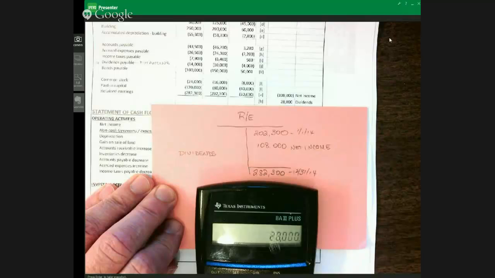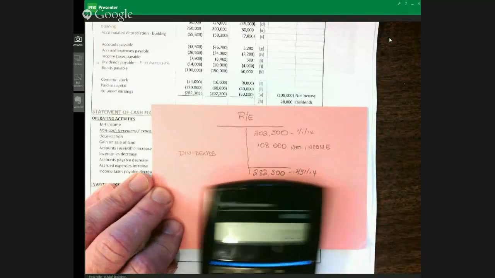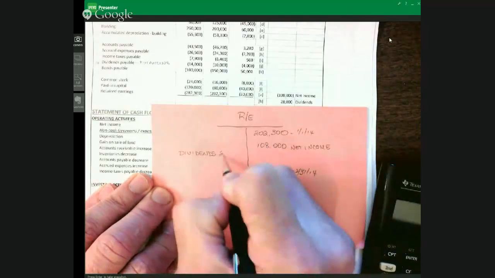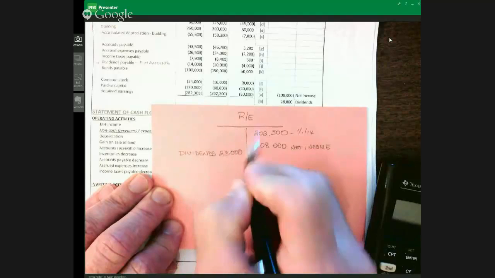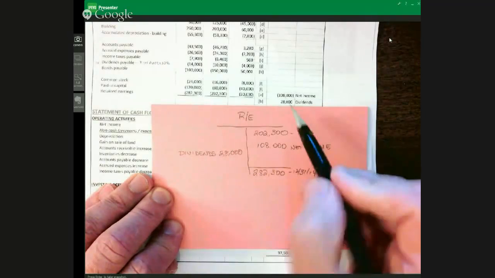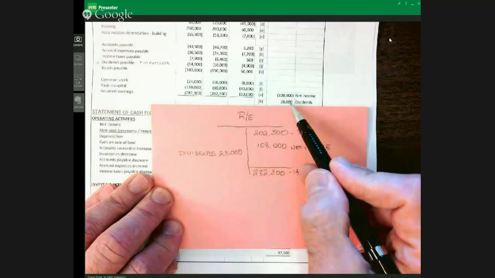The difference is $28,000. And by inference, what we will say is that dividends for this period would have been $28,000, and that is the amount that we will reduce or debit the retained earnings by.